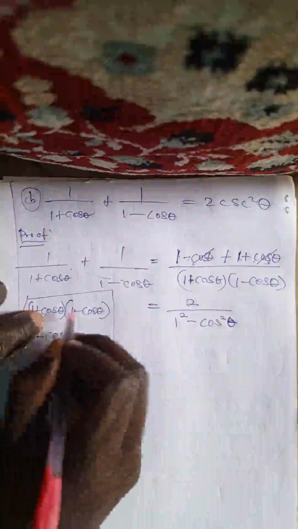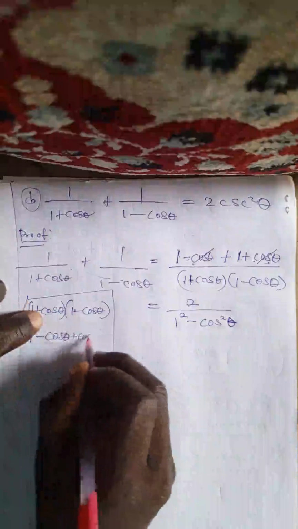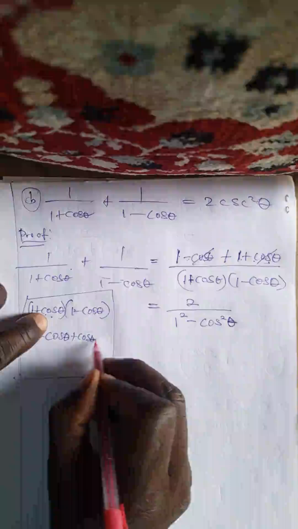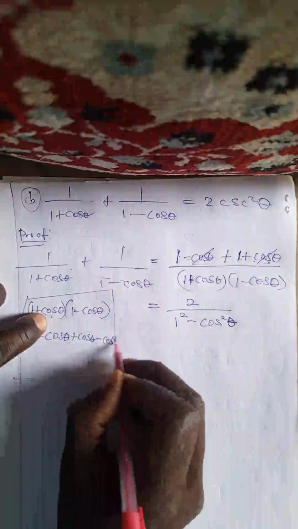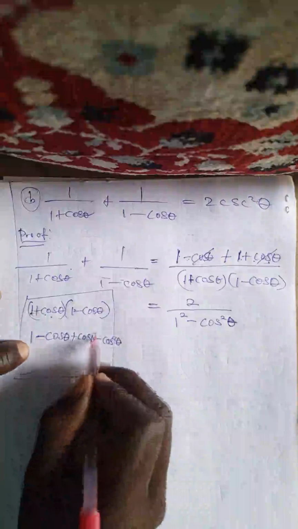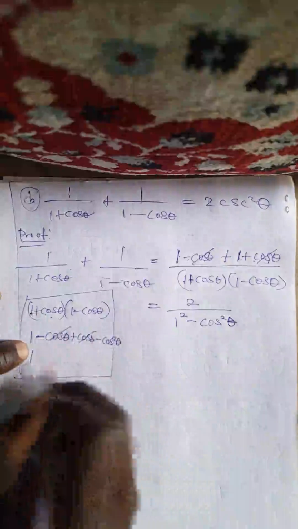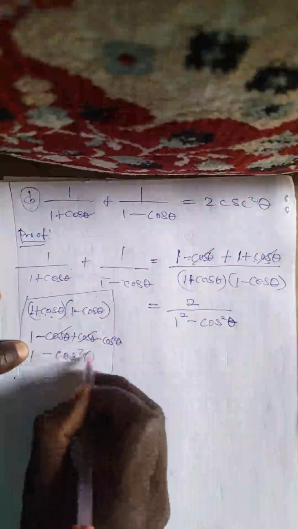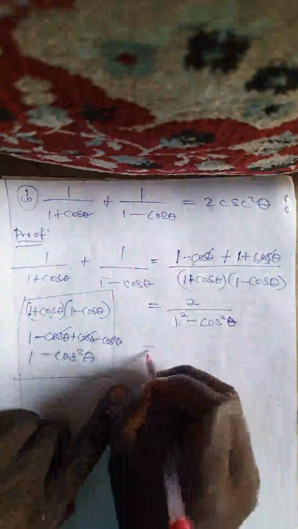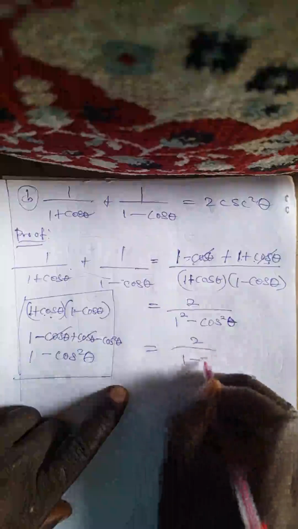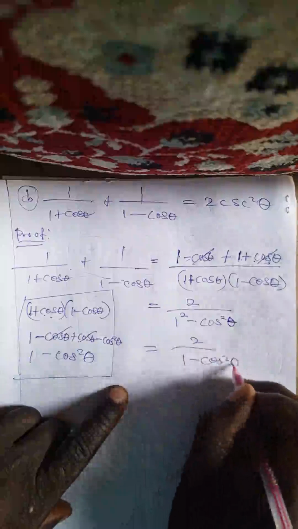Cos theta times 1, we have plus cos theta. Cos theta times cos theta, we have minus cos square theta. So minus cos theta plus cos theta is gone. 1 and then minus cos square theta. And that is why we have it here. And so this is equals to 2 over 1 minus cos square theta.